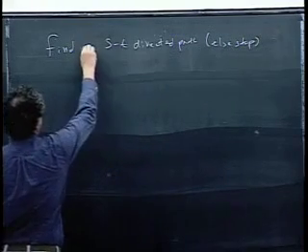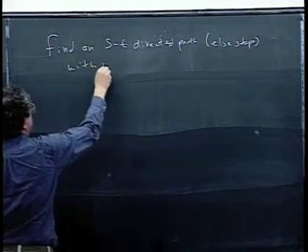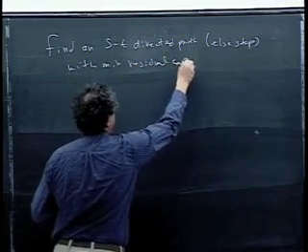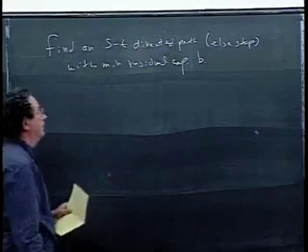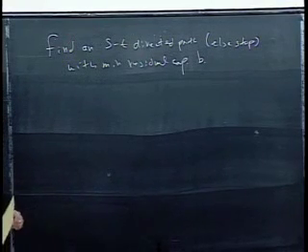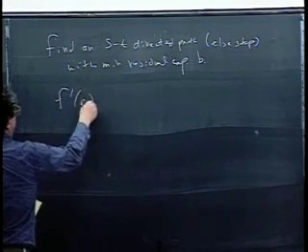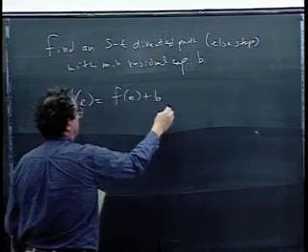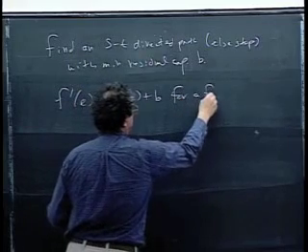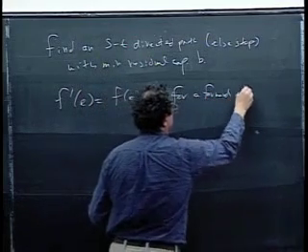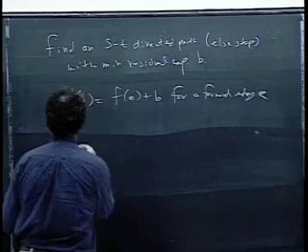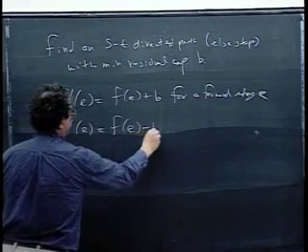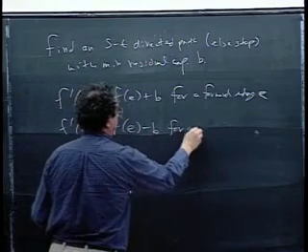And with min residual capacity denoted as B, and then you modify the flow: f prime of e equals f of e plus B for a forward edge, and f prime of e equals f of e minus B for a backward edge.